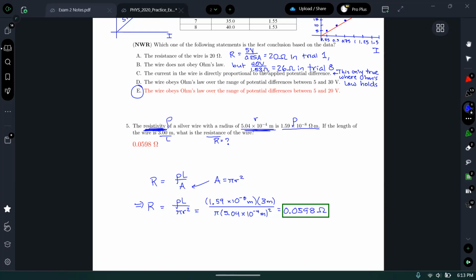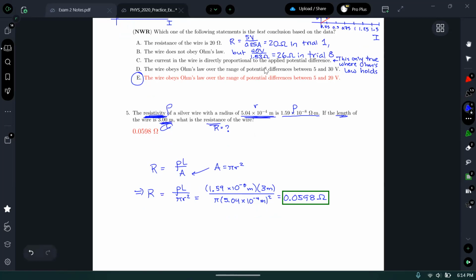And most of the time I can fill in the blanks in between. So length of the wire, and that's L, and then what is it asking for? R. That narrows down my possibilities. I might get a little concerned because I was not given area. But to me, that just screams, oh, I just need another equation in addition to this one. And that would be finding the cross-sectional area of the wire.